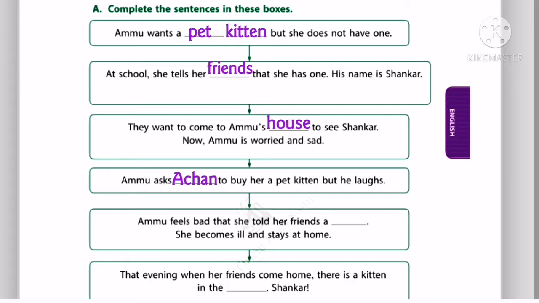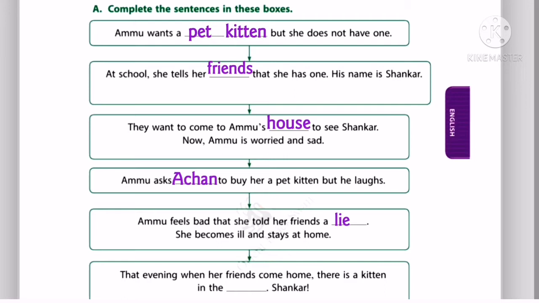She becomes ill and stays at home. So why did Ammu feel sad? Yes, because she lied to her friends. So what is the missing word here? Lie. Ammu feels bad that she told her friends a lie. She becomes ill and stays at home.